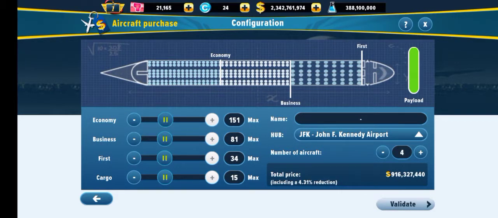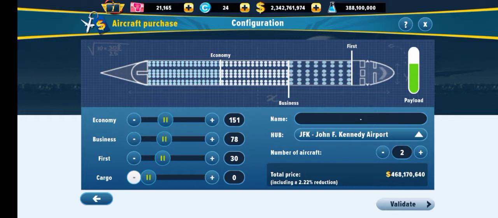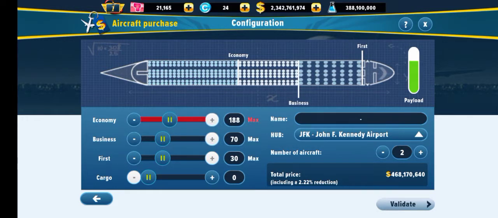I'm not really scared of spending like $1 million on this because as you can see I have quite a lot of money, but I think it's better to just save up, so I'm just gonna order 2 of these aircrafts. My favorite configuration for the cabin is about 30 in first class, 70 in business class, and 188 in economy, and the remaining just put cargo.